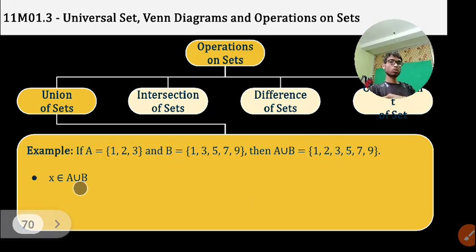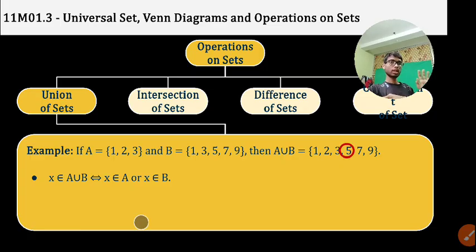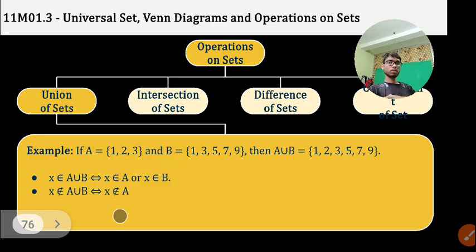So x belongs to A union B can be said as x belongs to A or x belongs to B. Both are correct. Now 5: x does not belong to A union B, because in this we don't have a 5. X does not belong to A.